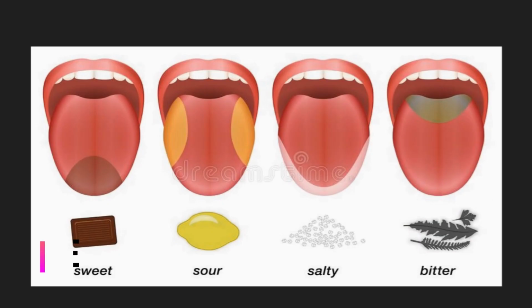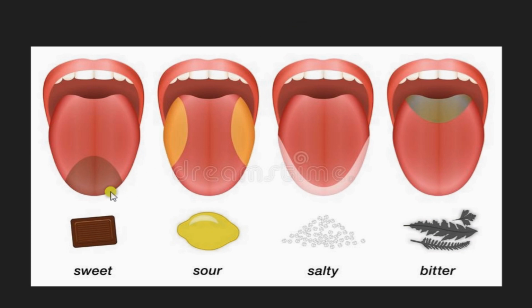The second organ of the digestive system is the tongue. A fleshy muscular tongue is attached to the floor of the mouth. The tongue has taste buds which identify the four tastes: sweet, salt, bitter and sour.